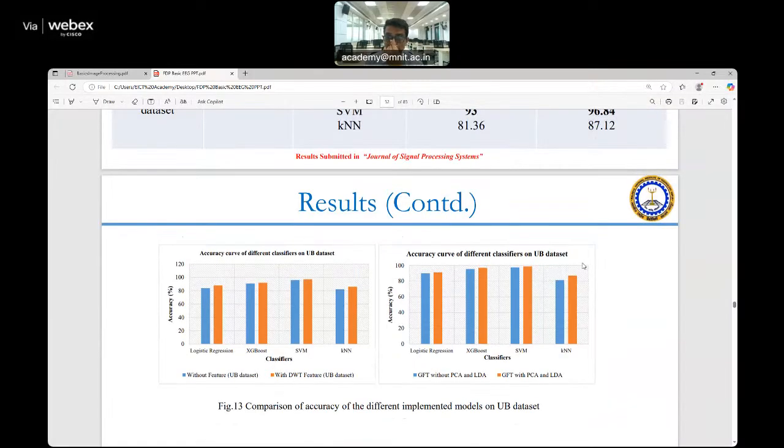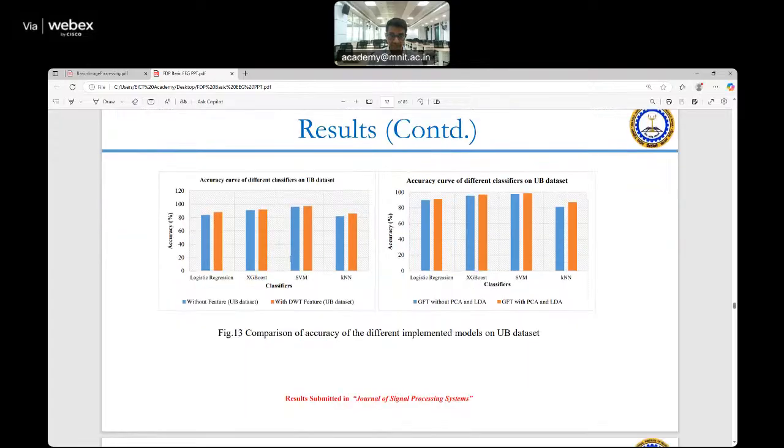So this result is shown here, the accuracy curve of different classifiers on the UV data set is shown.